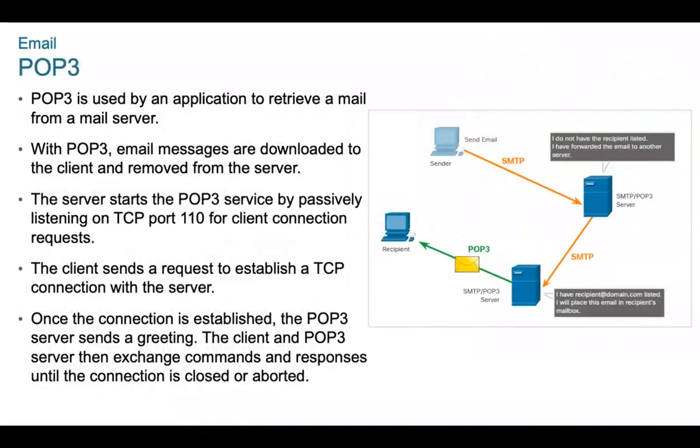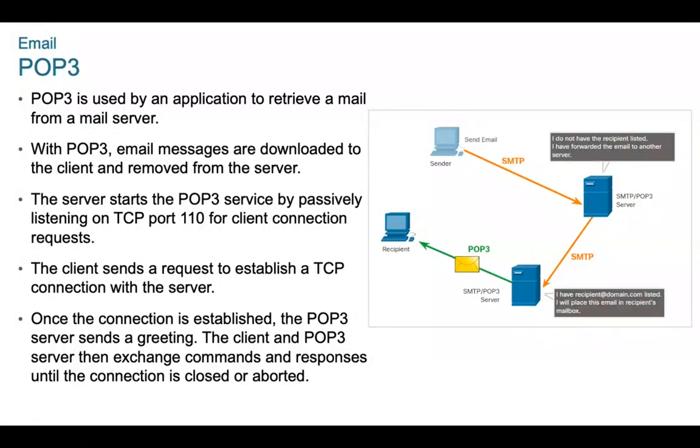Then comes the next application on the receiver side. On the receiver side you have POP, the Post Office Protocol 3, which is used by an application to retrieve email from the mail server.